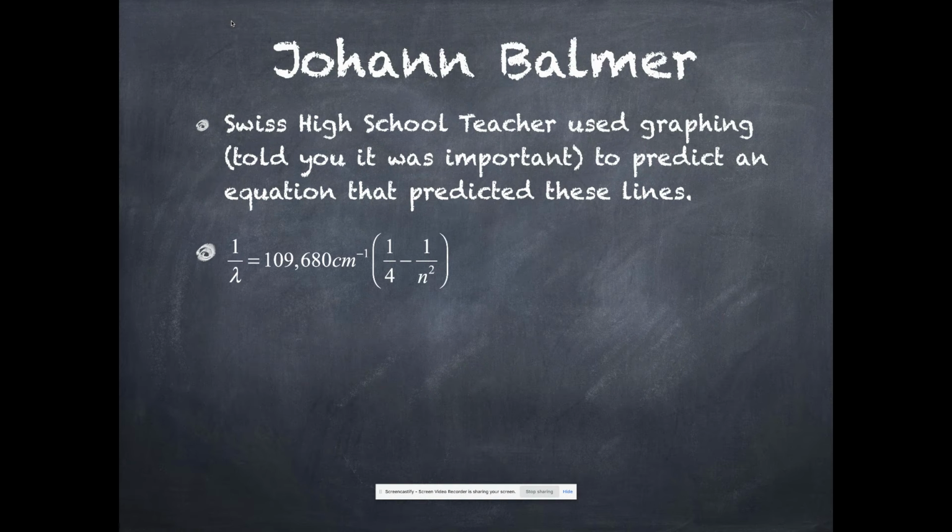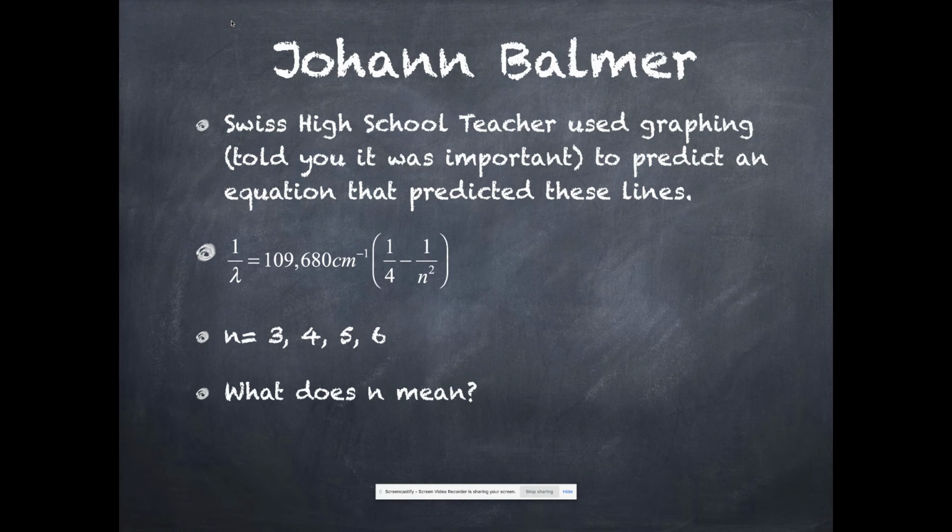Now, sorry folks, but this is y equals mx plus b, isn't it? And that constant is the slope of the line. Now, the value of n for the hydrogen spectrum would take the values of 3, 4, 5, and 6. And it's a very linear thing, easy to graph.